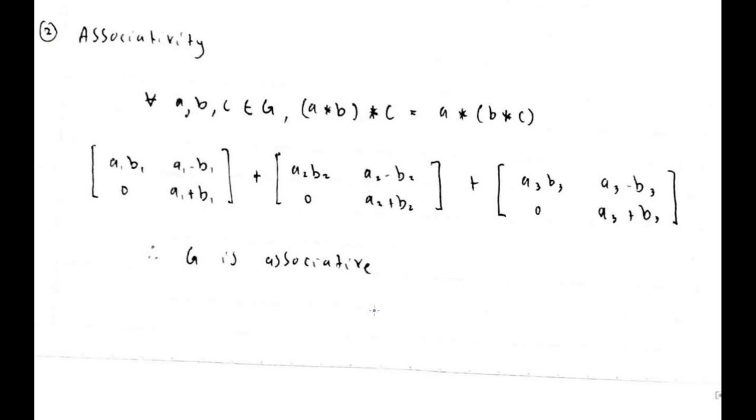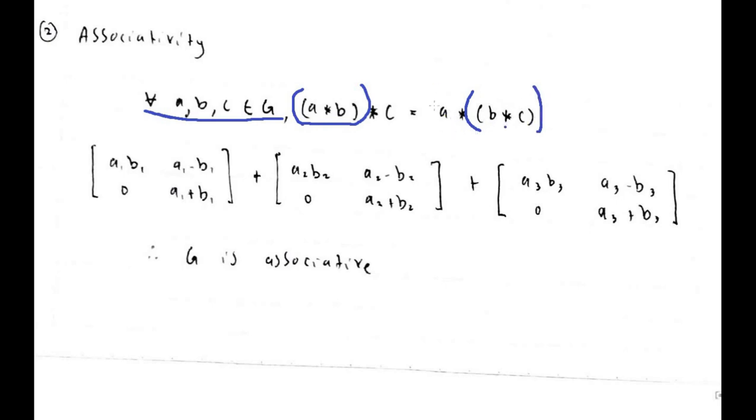And then the second property is associativity. G is associative when for all A, B, and C elements of G, if we do A binary B first and then binary operation C, it is equivalent to doing B and C first, then A. We will get the same answer.